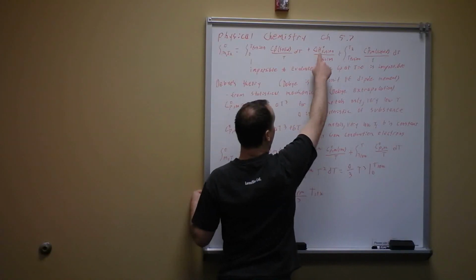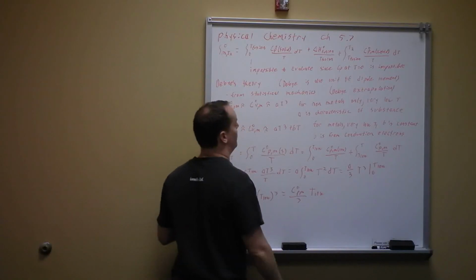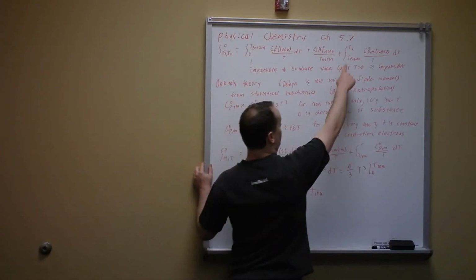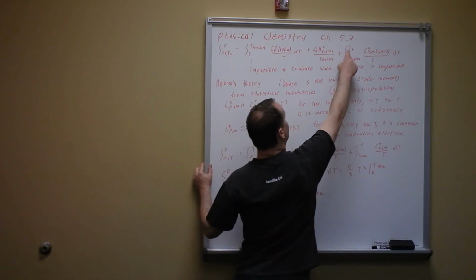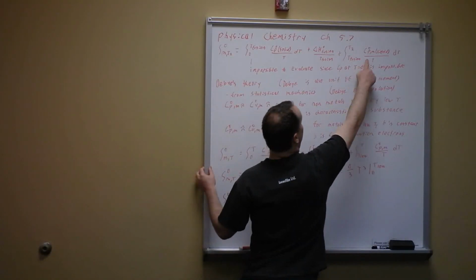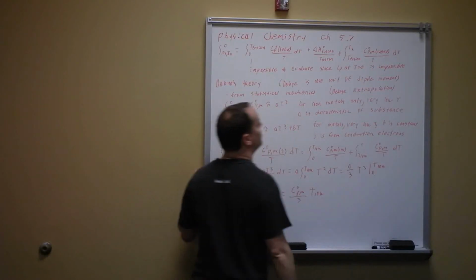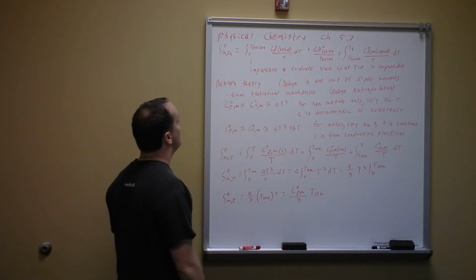Plus, we're going to add in the change in enthalpy of fusion at standard state divided by temperature of fusion. And then we're going to have another integral from the temperature of fusion to temperature 2, our temperature of interest, of the molar heat capacity of the liquid divided by temperature with respect to temperature.